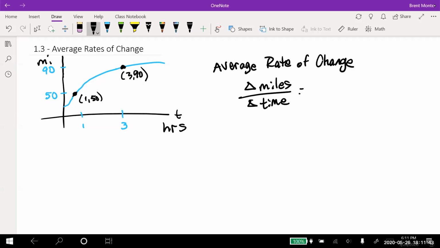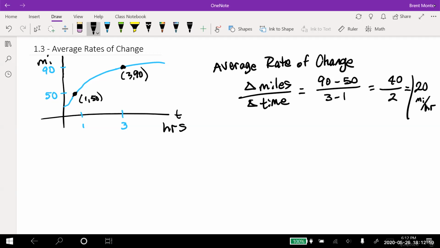My miles, I went up to 90, coming from 50, so the difference in my miles is 40 miles. The difference in my time, I went up to 3 hours, but I started at 1 hour, so that was 2 hours worth of time. If I reduce this, I get 20, and what that actually is, it's 20 miles per hour.